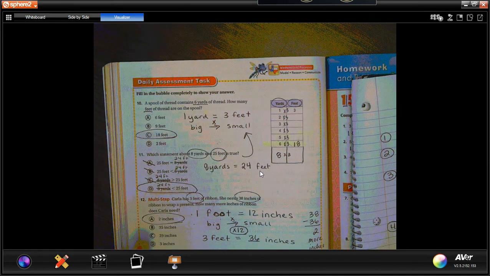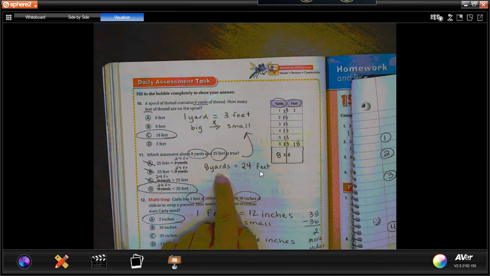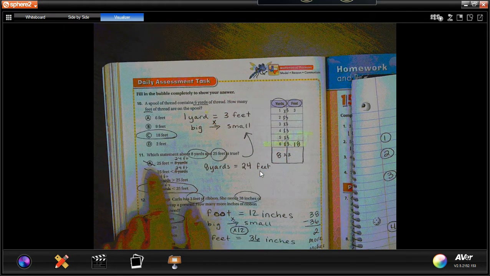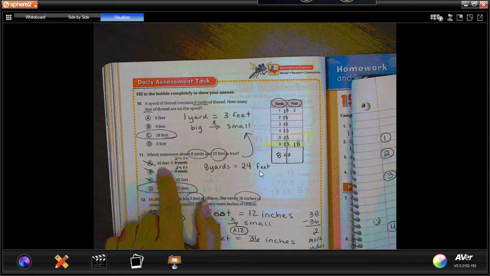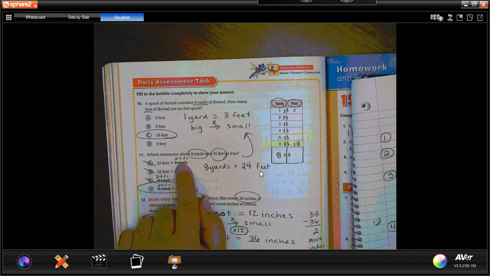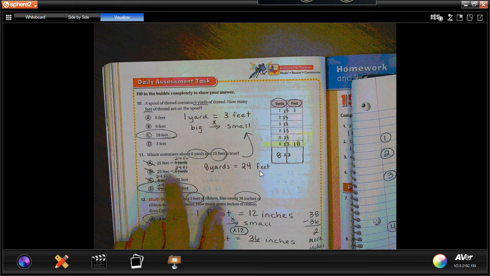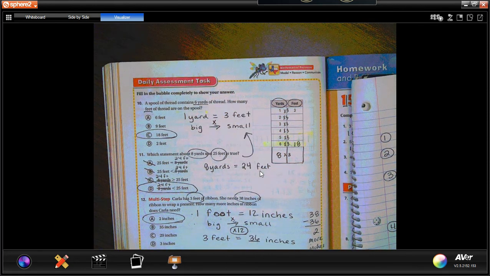So we said, okay, if 8 yards is equal to 24 feet, everywhere that we put 8 yards, we crossed it out and put 24 feet. So 25 feet is not equal to 24 feet. 25 feet is not less than 24 feet. 24 feet is not greater. 24 feet is less than 25 feet.